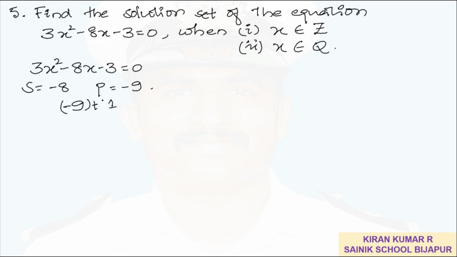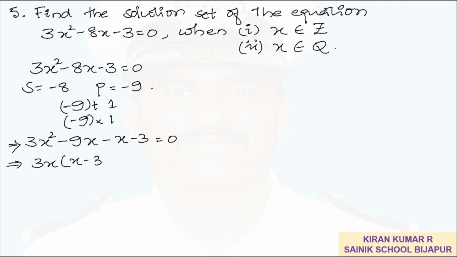The sum becomes minus 8 and the product will become minus 9. Therefore, by splitting the middle term, we have 3x square minus 9x minus x minus 3 equal to 0. The first two terms I can take 3x as common. I'll be getting x minus 3, minus 1 common.